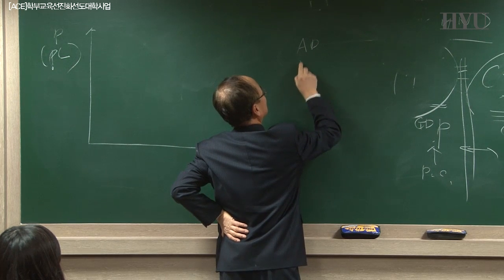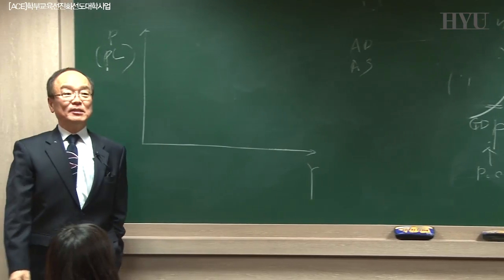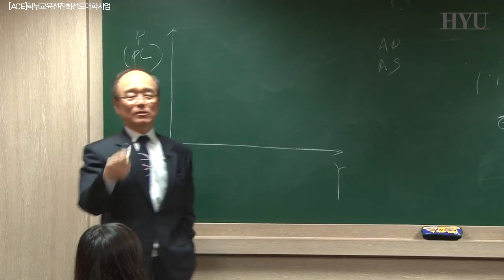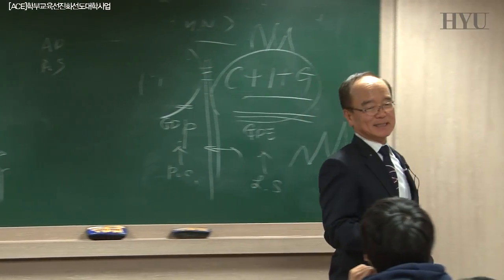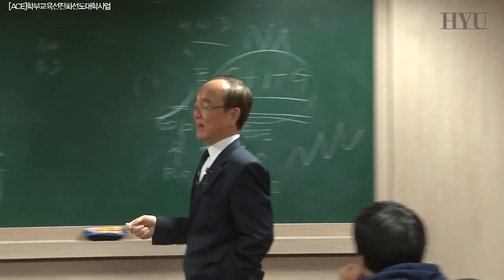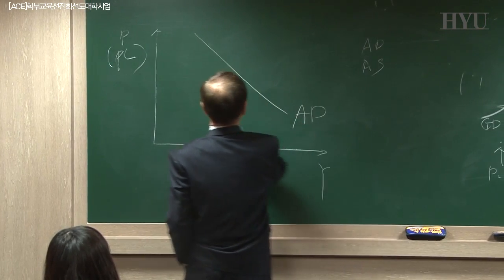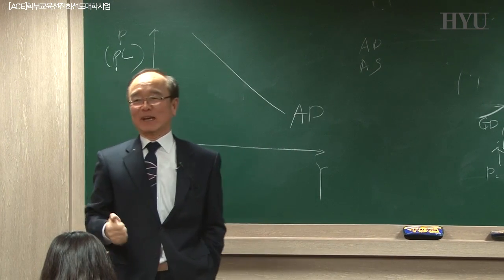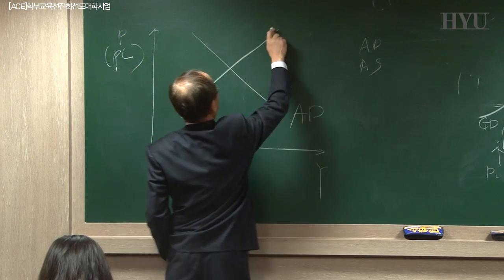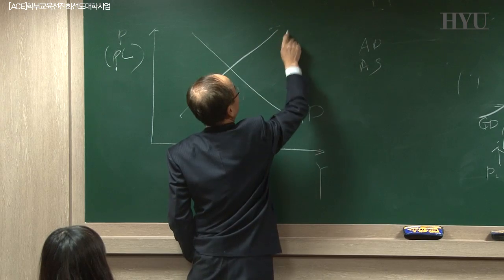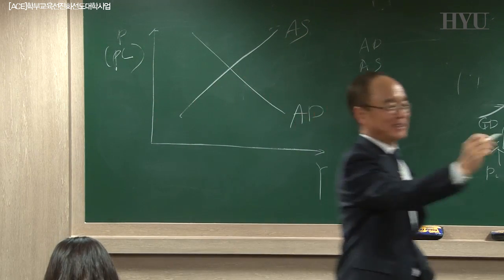AD is aggregate demand. Would it be downward sloping or upward sloping? What is your guess? Downward sloping, right? This is AD. Then AS is what? Your intuition says upward sloping. Great, your intuition is very much right. Taejun, you are right.